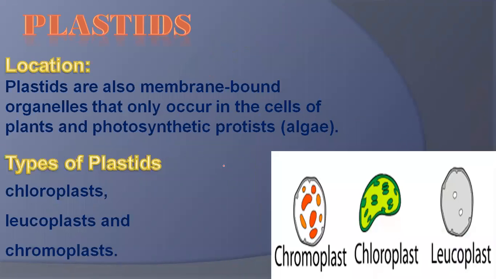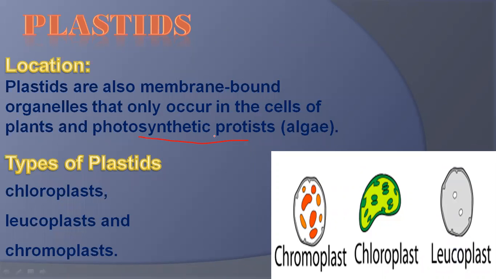Plastids have different forms, structures, shapes and functions. So what are plastids? Actually, they are membrane-bound organelles, bounded by membranes, and they only occur in the cells of plants and photosynthetic protists.